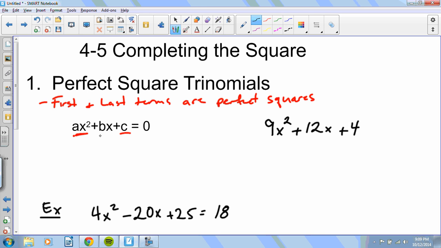Now, the relationship between the first, the last, and the middle is what makes this a perfect square. How that looks in the general form looks a little funky, but we'll start there and then go over here and show you what I mean.